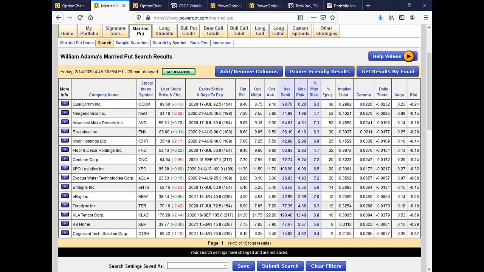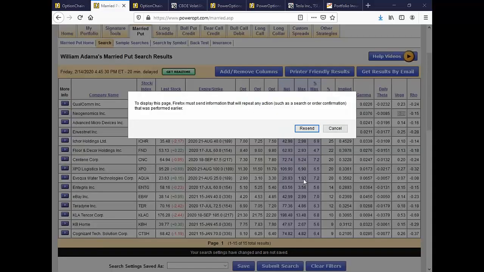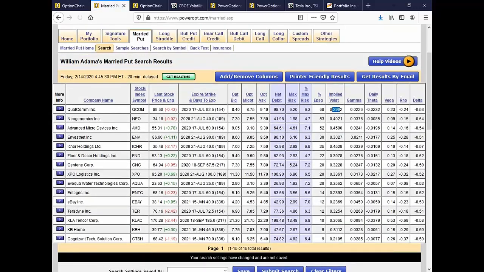There is this outlier here of, let's say, Vega of 0.07 for Aqua, AquaVenture Water Technologies Corporation at 23.63, and NeoGenomics. That does seem pretty low, but that's sort of expected in those cases. Now, if I suddenly see an implied volatility that's at 0.7 here, that would be an outlier, and that might mean that some big event's coming up.